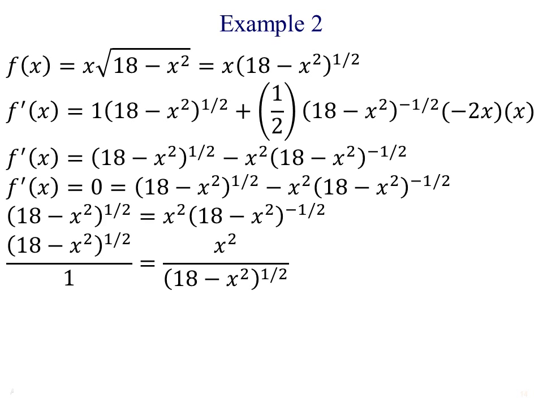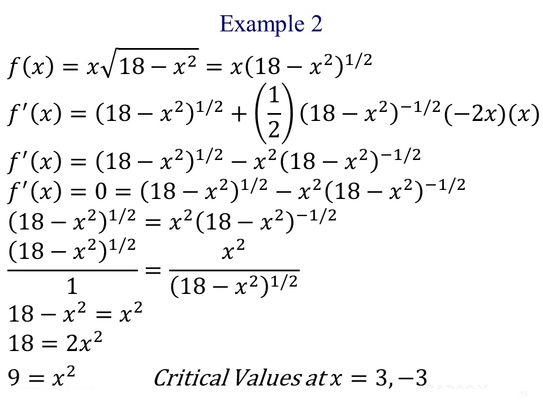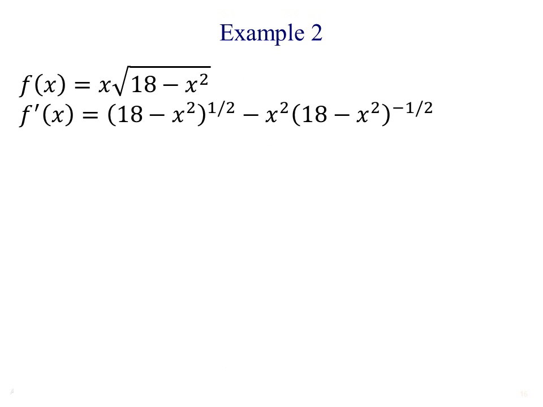Next step is a cross multiplication, yielding 18 minus x squared equals x squared. Adding x squared to both sides and dividing by 2 yields 9 equals x squared. This last equation yields the critical points 3 and -3.